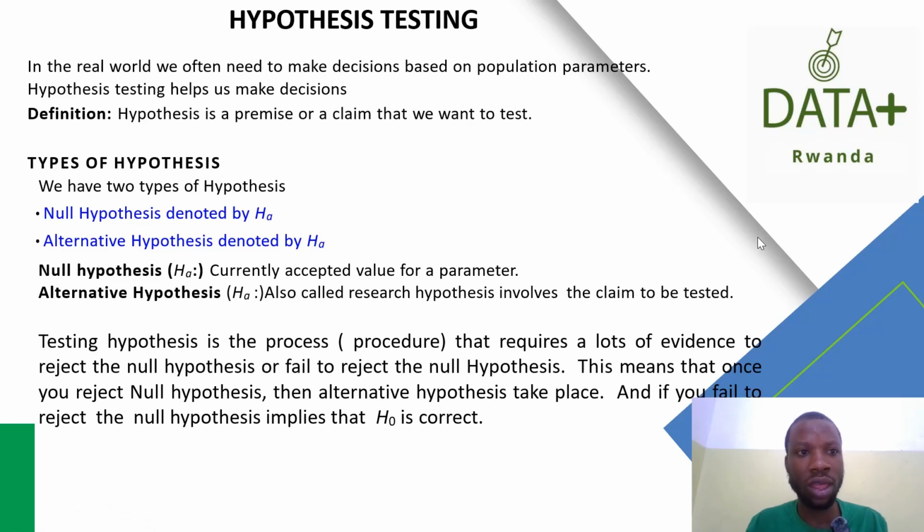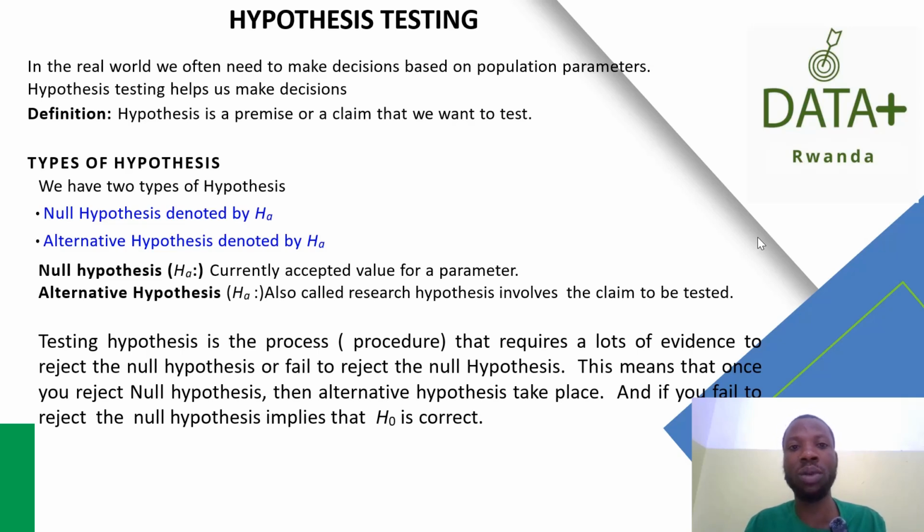In real life, we often need to make decisions based on the population parameter. The population parameter is a value that describes the population. The population is everything that can give us the data, the entire object that we are interested in looking for information.